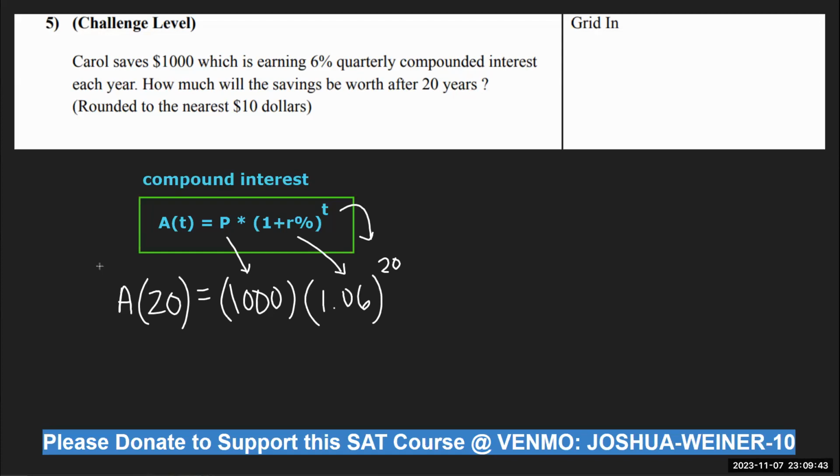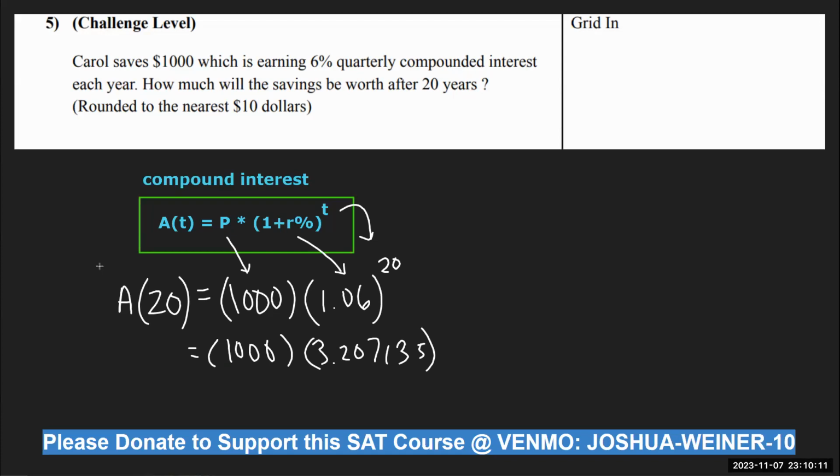Let's take my calculator and I'm going to do just the exponent. See the multiplier. 1.06 to the 20th power is 3.20713. We'll leave it there to 5 decimal places, like a statistics textbook from college.